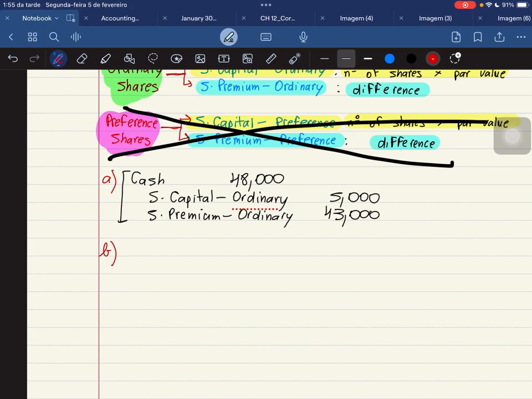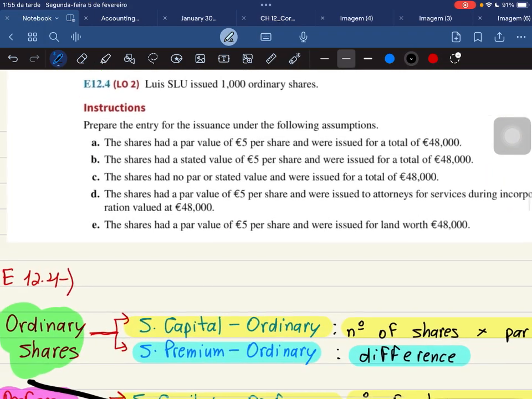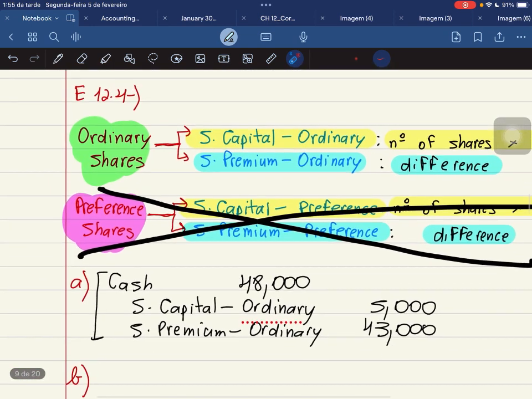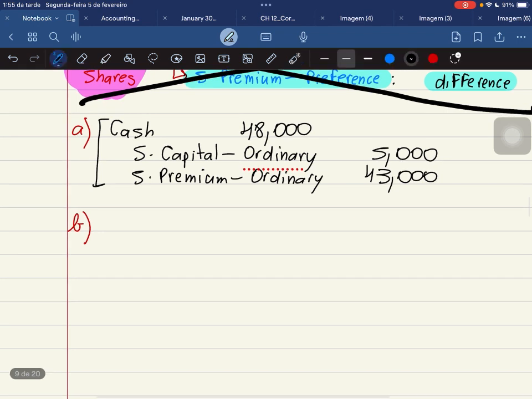B. The shares had a stated value of 5 per share and were issued for a total of $48,000. Well, here they don't tell us the par value, right? But every time they say stated value and give us a number, we can just treat this number as if it was the par value. So basically letter B is the same thing as letter A. So the entry is also going to be the same, because we can treat the stated value as a par value.